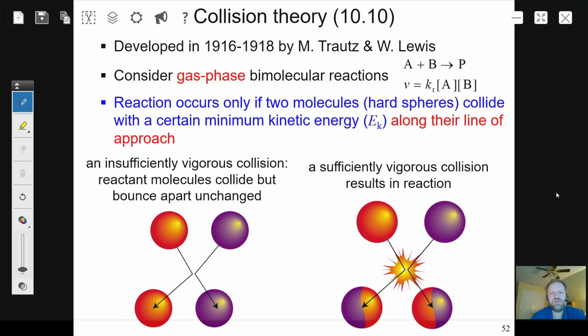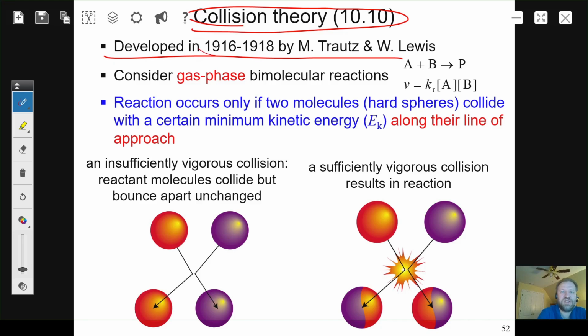Now the first successful explanation for Arrhenius parameters was provided by the so-called collision theory, which was developed in the first quarter of the 20th century, in 1916, 1918, by Trautz and Lewis.